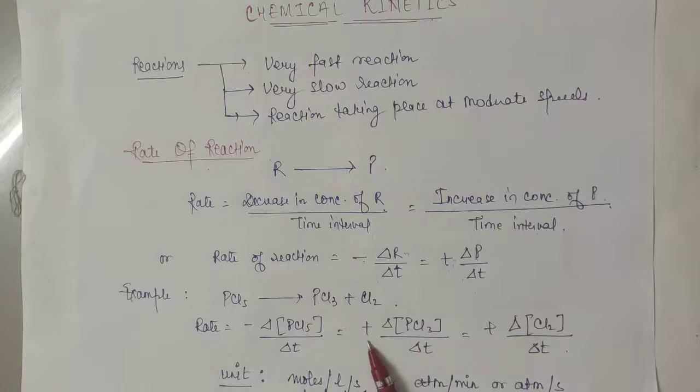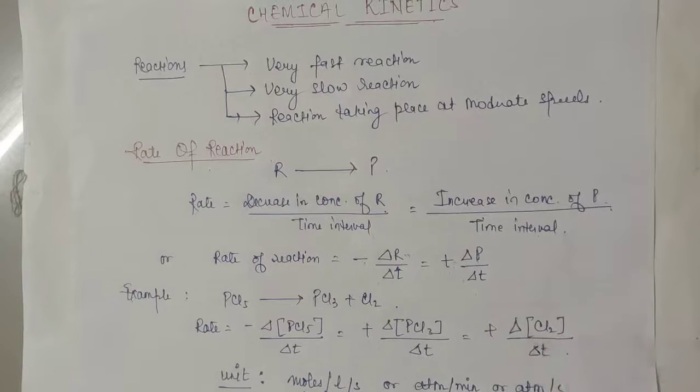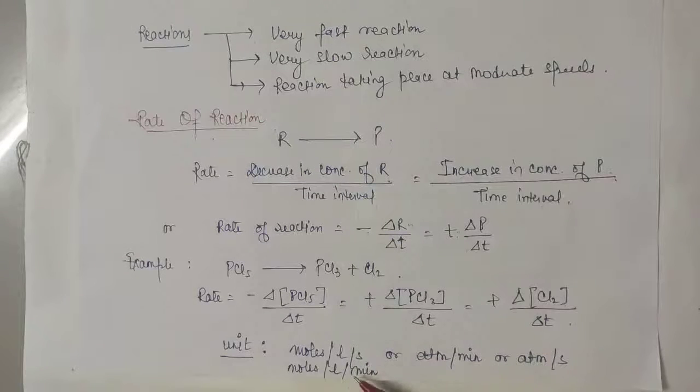And in terms of product, we will write equal to delta molar concentration of PCl3 upon delta T, which is also equal to delta molar concentration of chlorine upon delta T. All the rates will be equal. Whether you find the rate in terms of the reactant or in terms of either product, you will find the same thing. Now the rate is change in concentration upon time. So the unit will be mole per liter per second, or it is also expressed as mole per liter per minute.